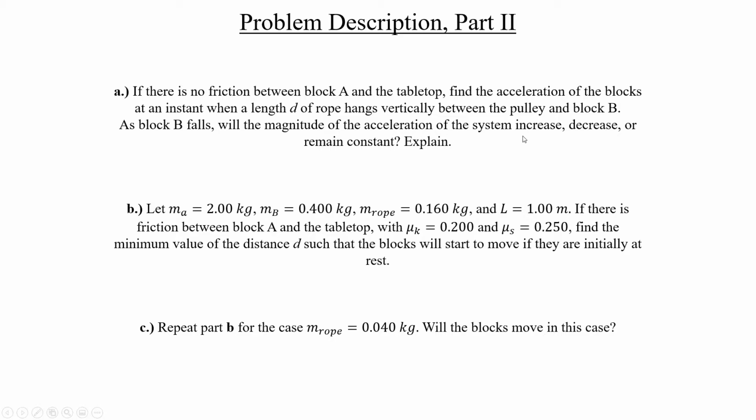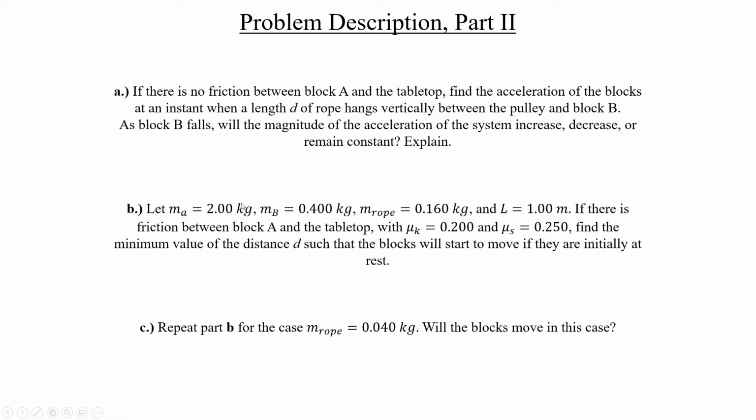Right? So really, part A wants us to determine, would the acceleration of the system of blocks be any different than if we didn't have a rope with mass? How does that change anything once we include a rope with mass? And so that's what the last part of part A is essentially asking.